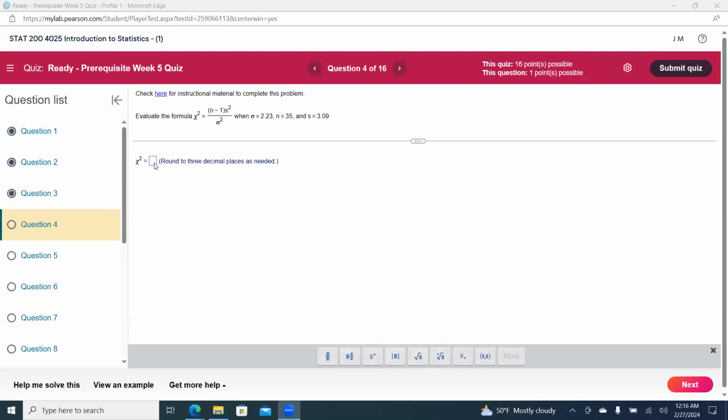Same thing. Capable of plugging into a formula. That's a chi-squared is what that is.